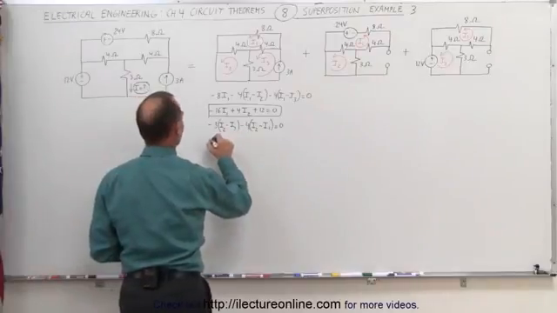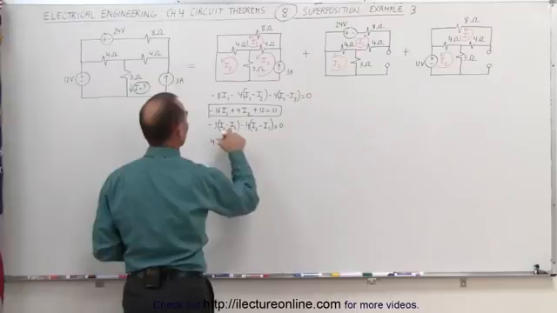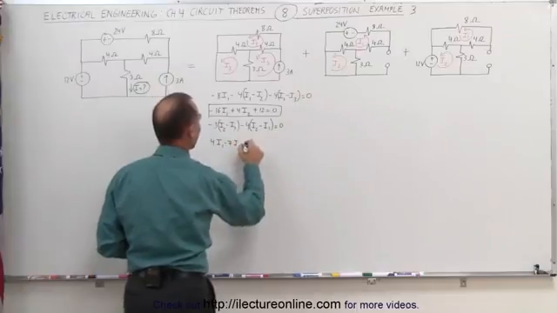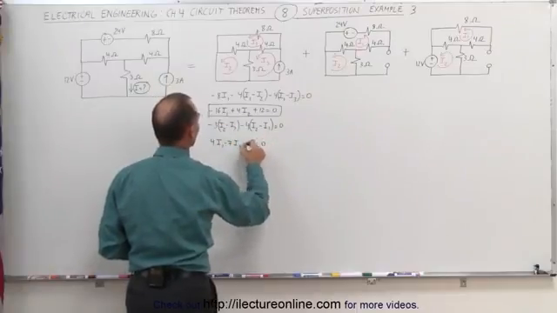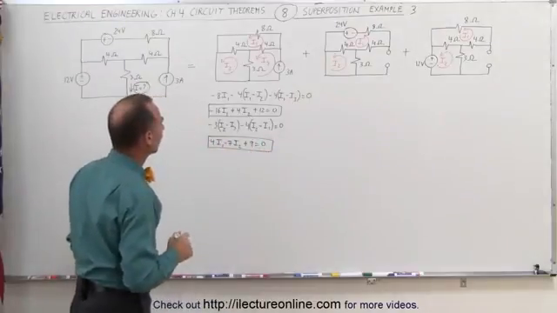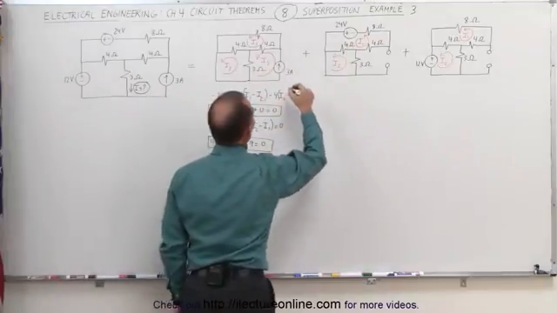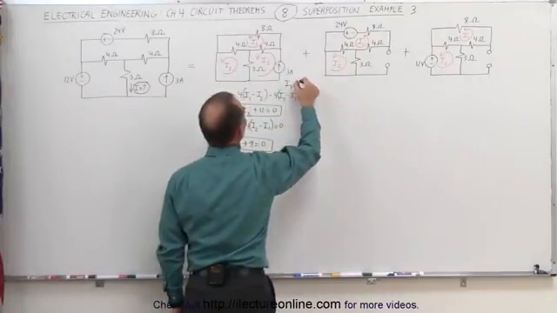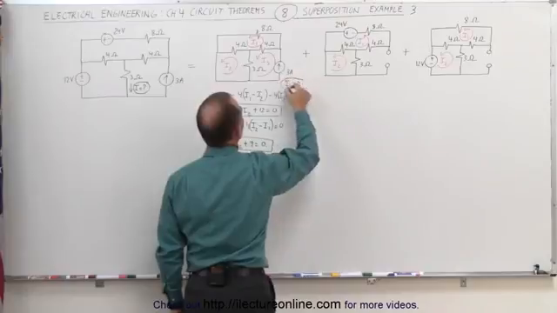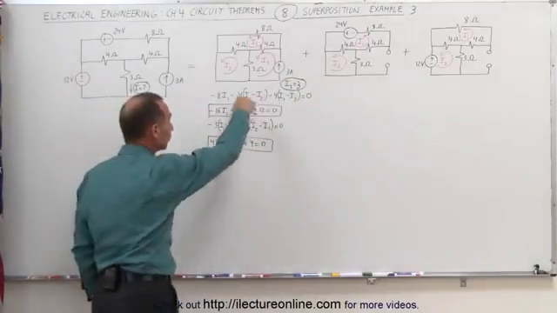So plus 4I1 minus 7I2, and 3 times 3 is 9. That would be plus 9 equals 0. There's our second equation. And then our third equation, well, I3 is equal to 3, right? I3 is equal to 3, so we don't have to do anything there. That's a known quantity.